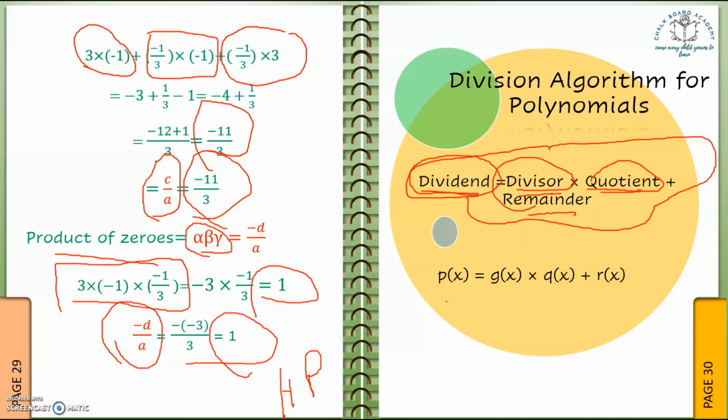So in the form of the algorithm, we can write it like this: px is equal to gx into qx plus rx. Rx here is the remainder, qx here is the quotient, gx here is the divisor, and px here is the dividend, or the polynomial which we are taking.